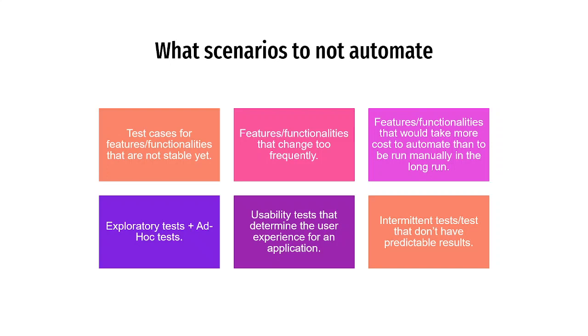Features functionality that would take more cost to automate than to be run manually in the long run. So with this, you understand the cost to automate versus running manually in the longer run. This means when a test is there and you see that manually you can run the test faster than the automated approach.